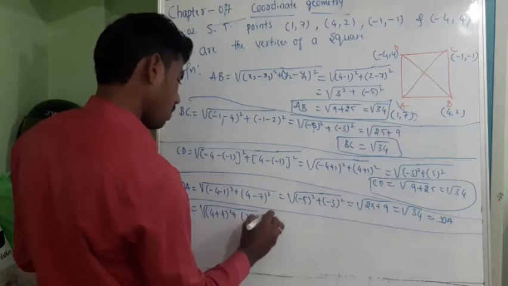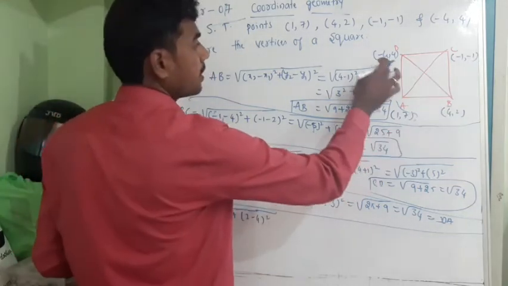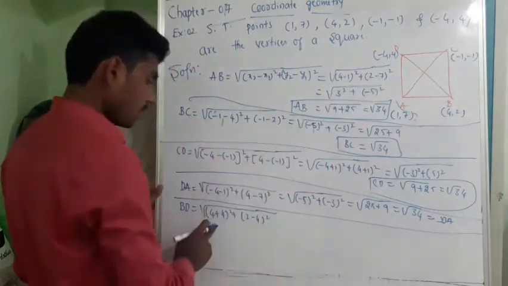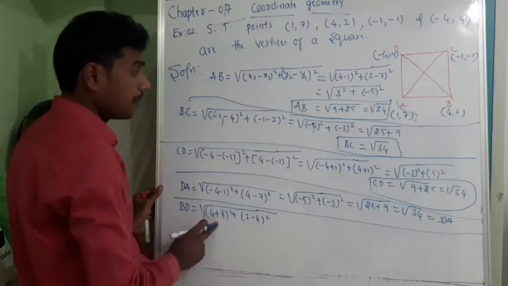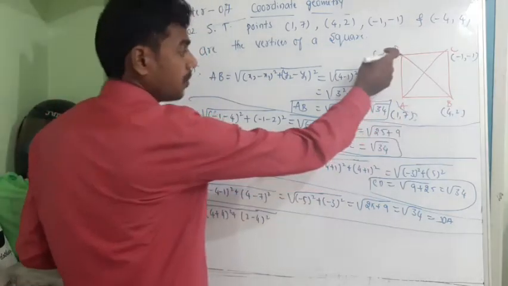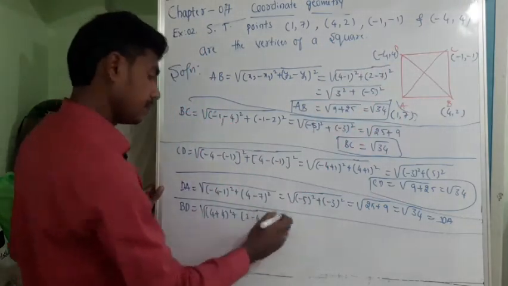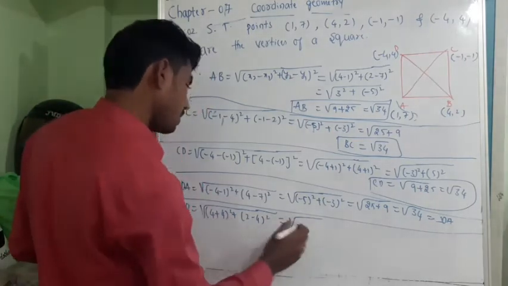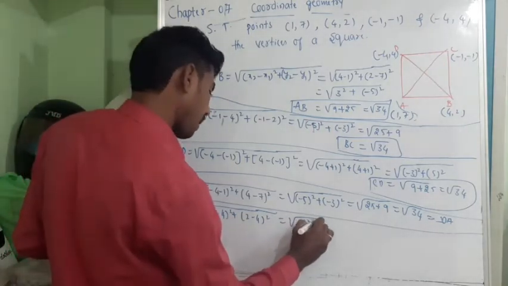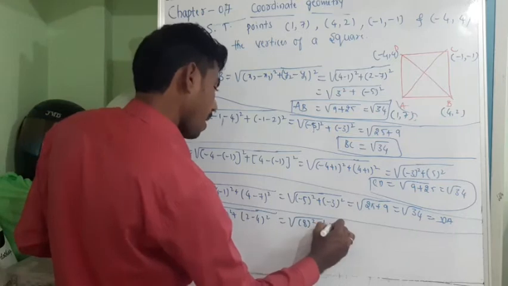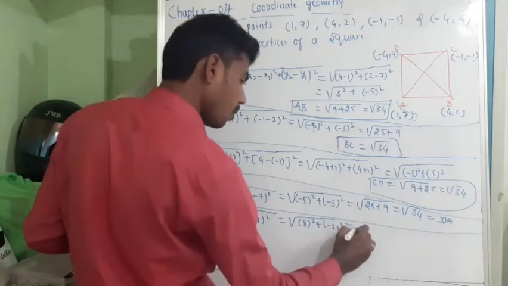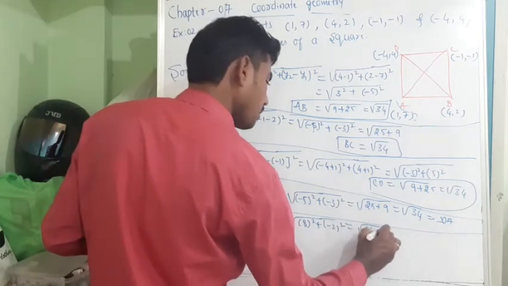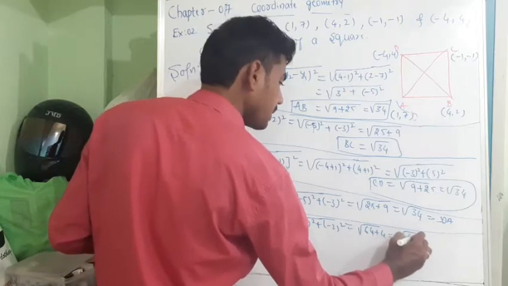So 4 plus 4 is 8 squared plus minus 2 squared, which is 64 plus 4, equal to root of 68.